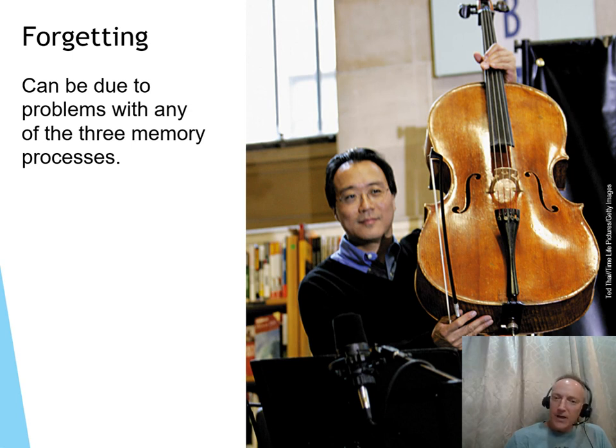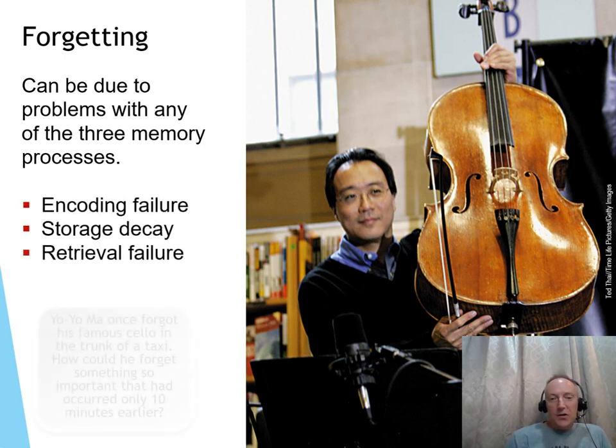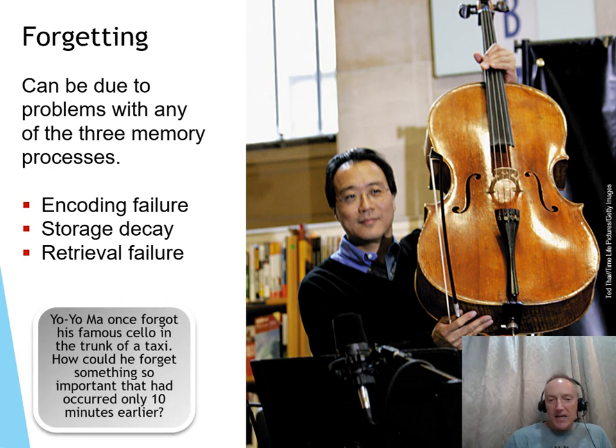One day, after a 10-minute cab ride, he forgot his cello in the trunk. How do you forget something that big, that important, that expensive after just 10 minutes? Well, we're going to see that memory can go wrong at any of those processes in memory: at the encoding, storage, or retrieval phase.